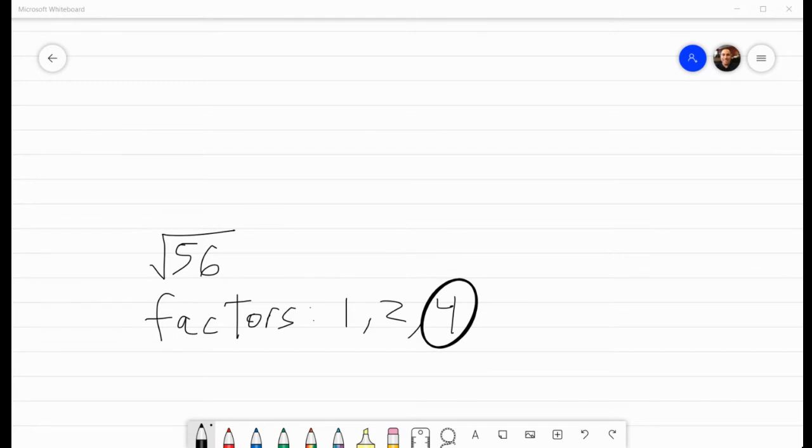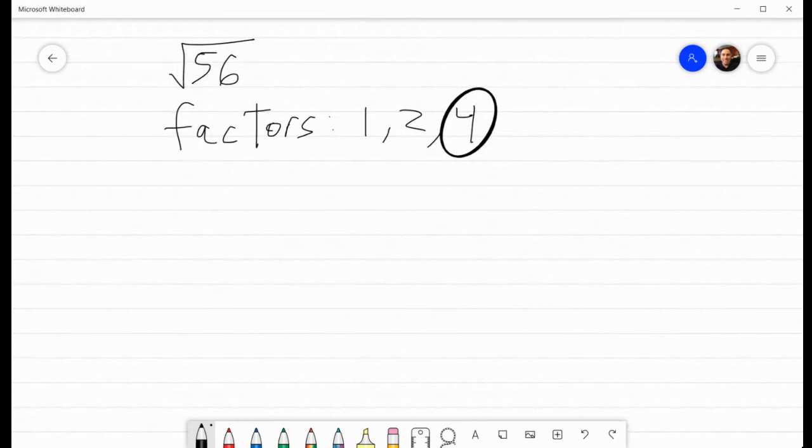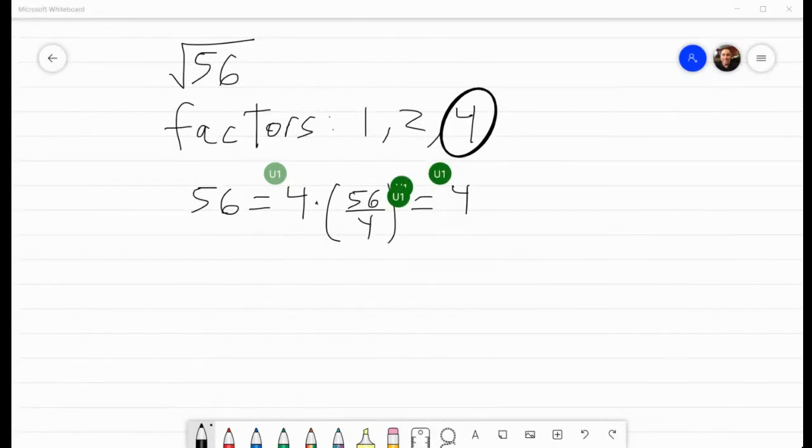So that's good. We're going to simplify it. Just move this up. Now we're going to have to factor it. So we have 56 is 4 times 56 over 4, which of course is 4 times, if I remember correctly, 14.